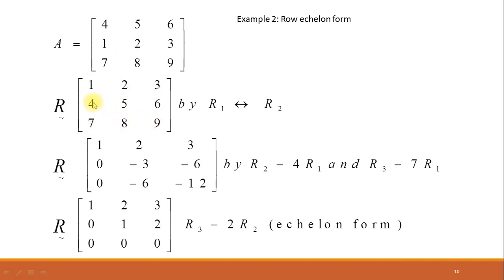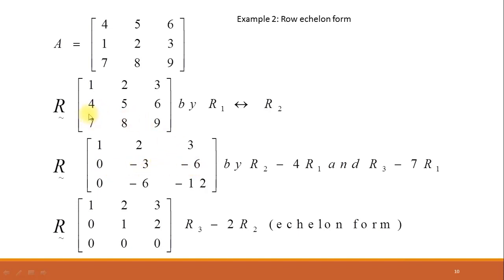Now for the echelon form, we want to make these two numbers 0 and this number 0. To make these two numbers 0, start your work in this direction. First make 4 0 and then 7. So multiplying R1 by 4 and subtracting from R2, we get this result 0 minus 3 minus 6.